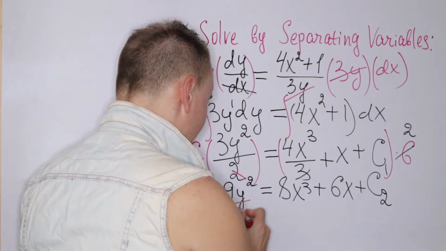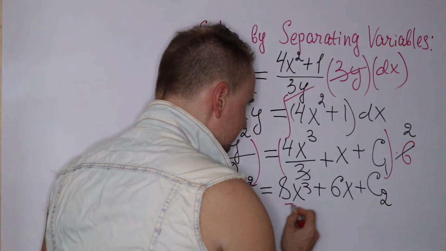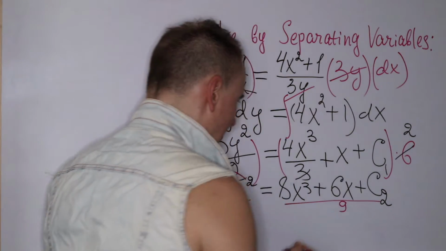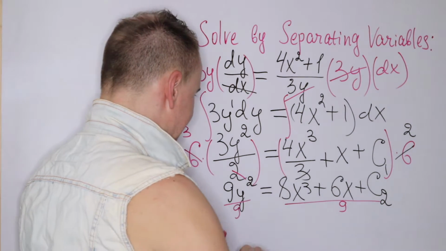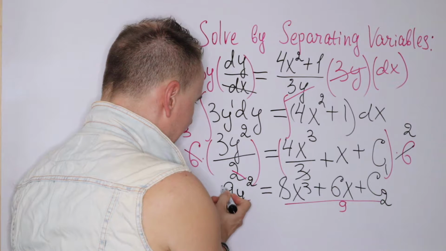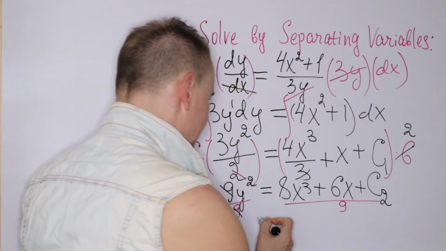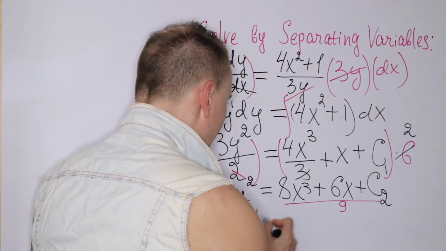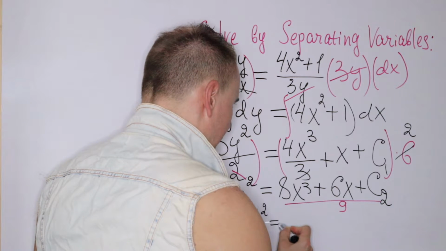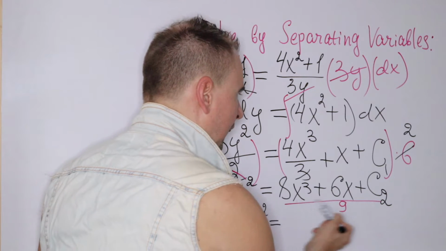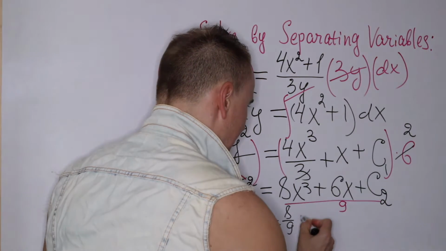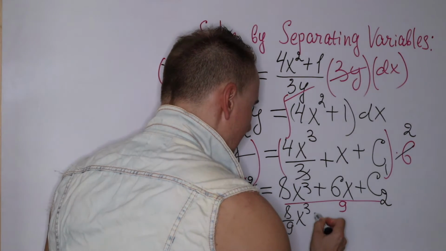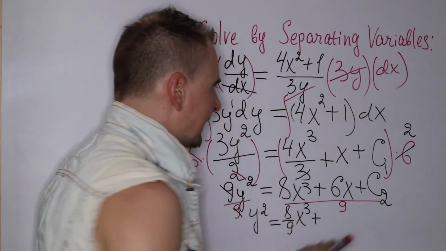So the 9 goes away. You are left with y squared equals, dividing throughout by 9, 8 over 9 x cubed plus 6 over 9.